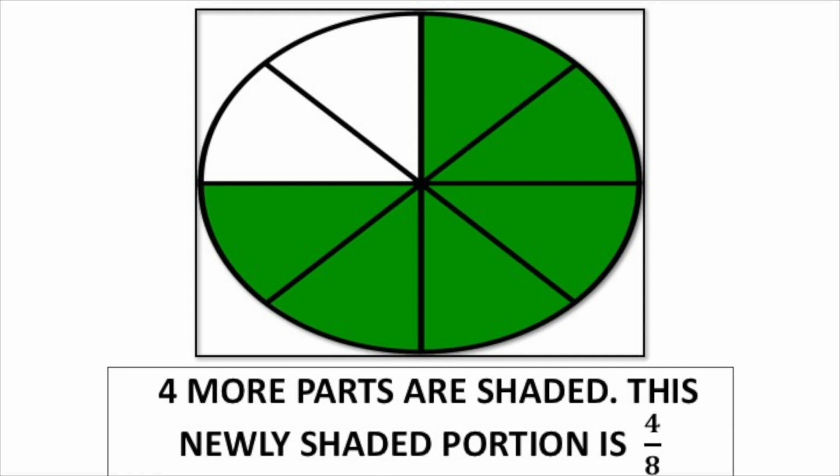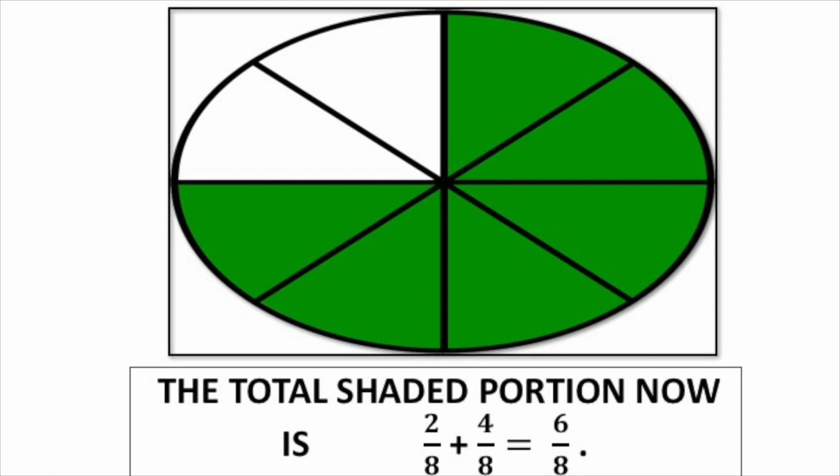So that gives us now the total shaded portion now is 2 over 8 plus 4 over 8 equals 6 over 8. You see, the total amount of shaded parts, 1, 2, 3, 4, 5, 6.